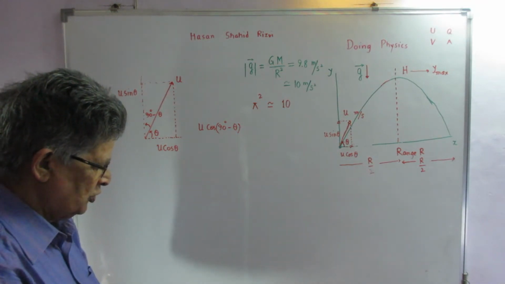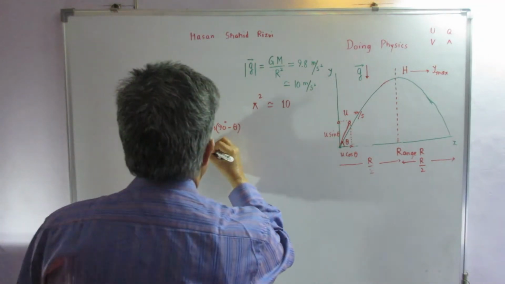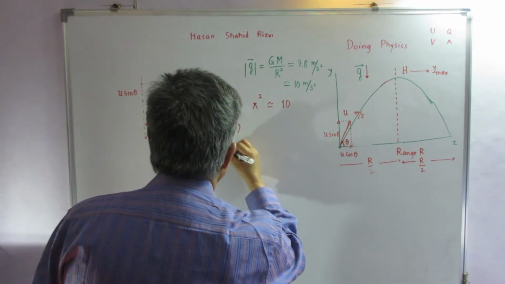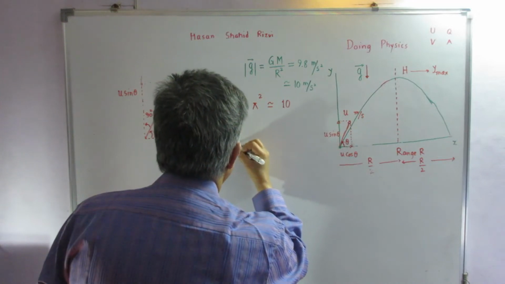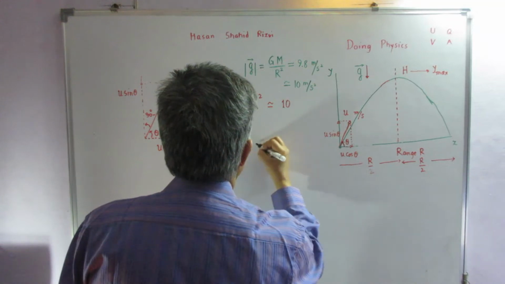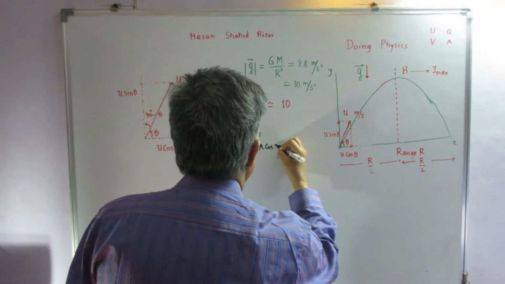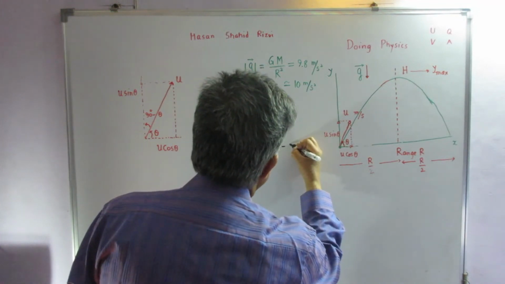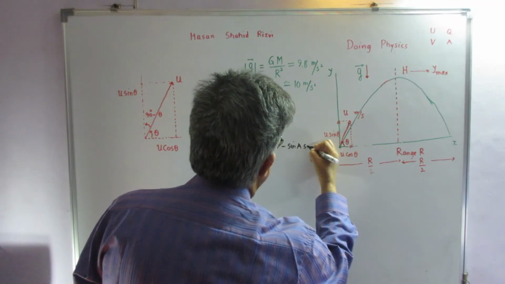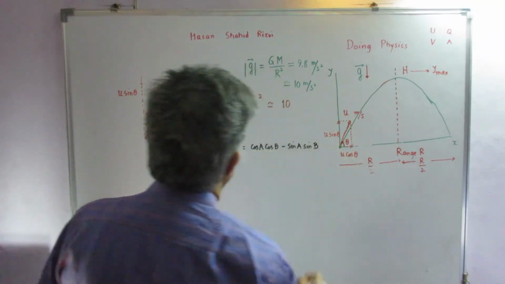so that you understand how it is obtained, by using the formula which I wrote as cos of A plus B. If there are two angles, A and B, then cosine of A plus B is equal to cos A cos B minus sine A sine B. It's very interesting, and that is why I introduced this.